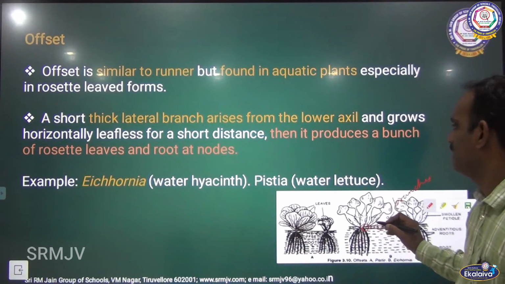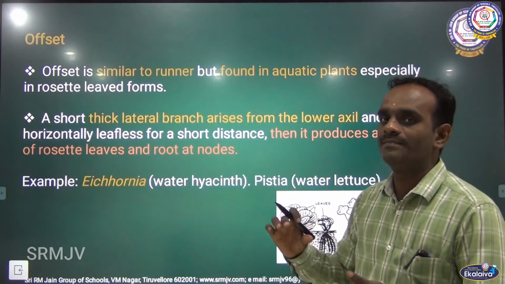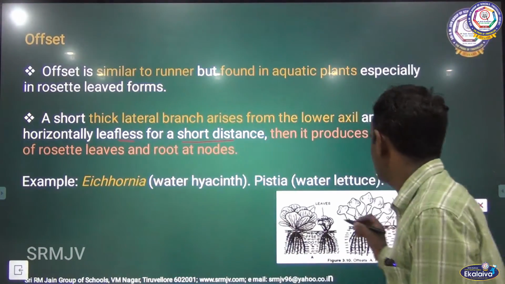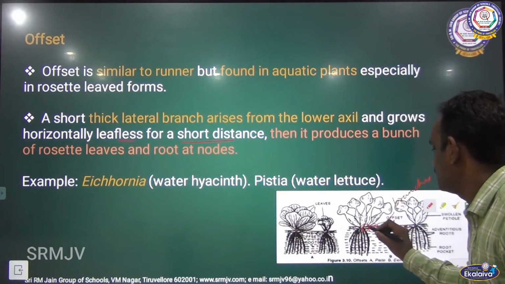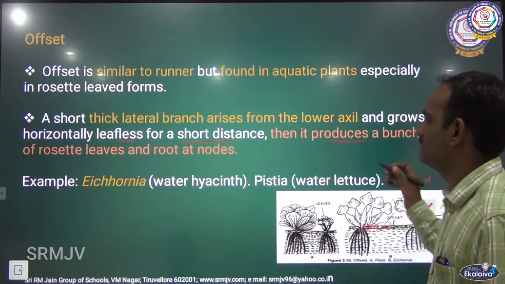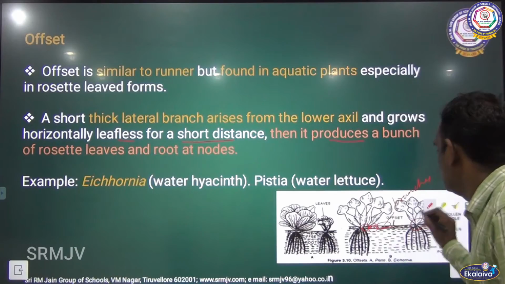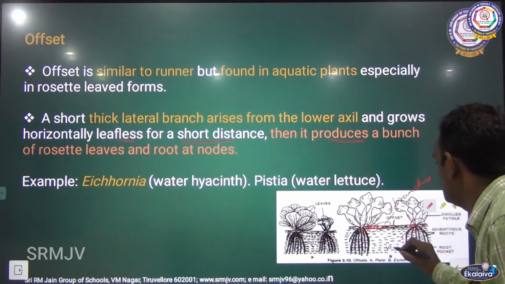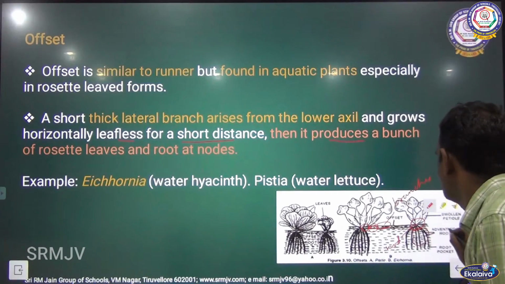This is the lower axil, and it grows horizontally, leafless for a short distance. Then it produces a bunch of rosette leaves and roots at the node. This is the node, this is the adventitious root.